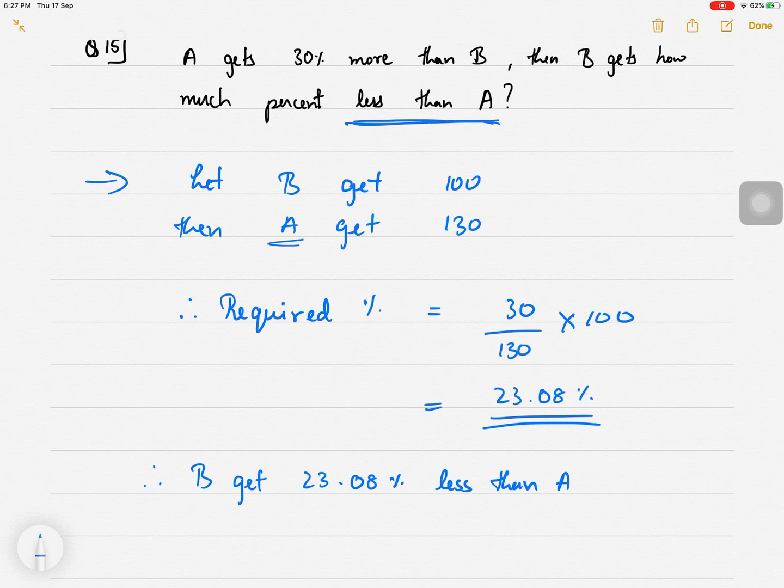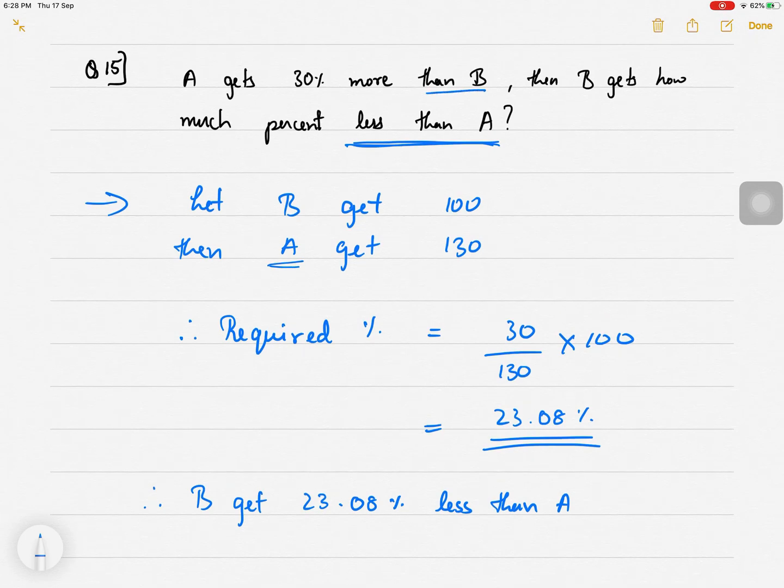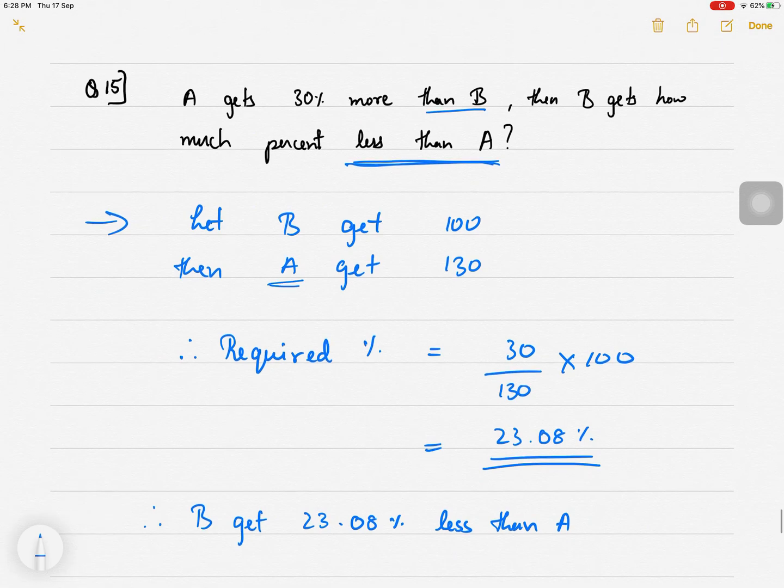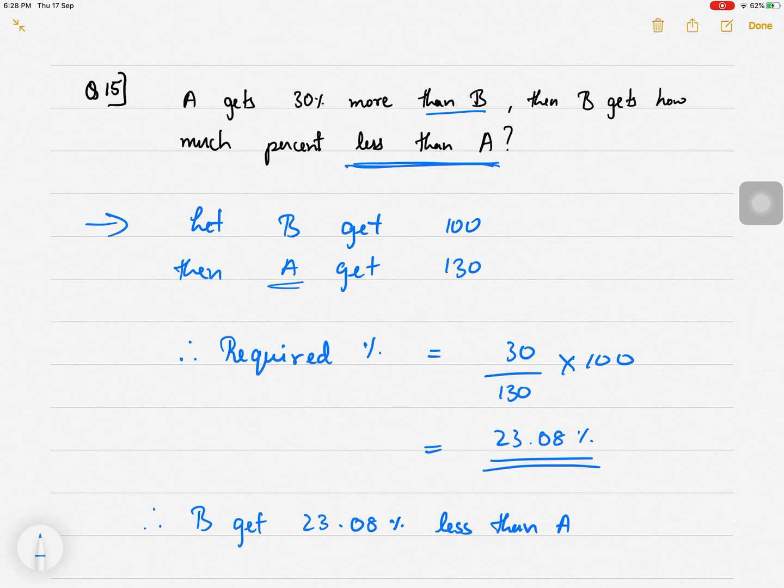A gets 30% more than B. When I am saying A gets 30% more than B means here B is base. When I say than B, then B is base. Okay. So let B get 100, then A gets 130. Now they have asked, then B gets how much percent less than A? When I say less than A, I'll take A as base. And the difference between this is 30. Right?